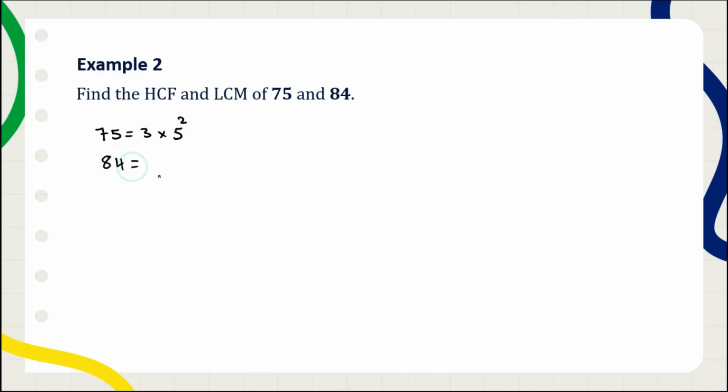While 84, as a product of its prime factors, is 2 to the power of 2 by 3 by 7. Now let us find the highest common factor. Remember, for the highest common factor, we include only the common prime factors, and we choose the smallest power of each. Can you spot the common prime factor?